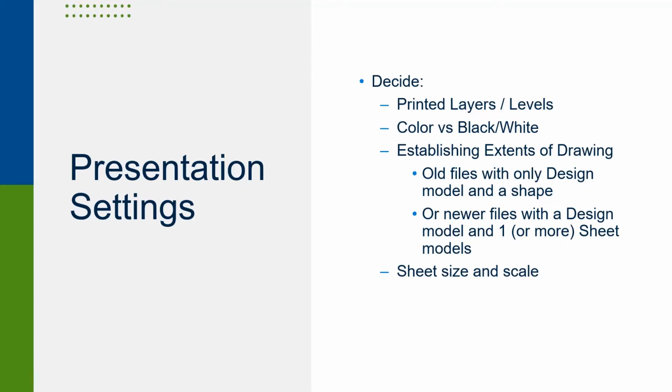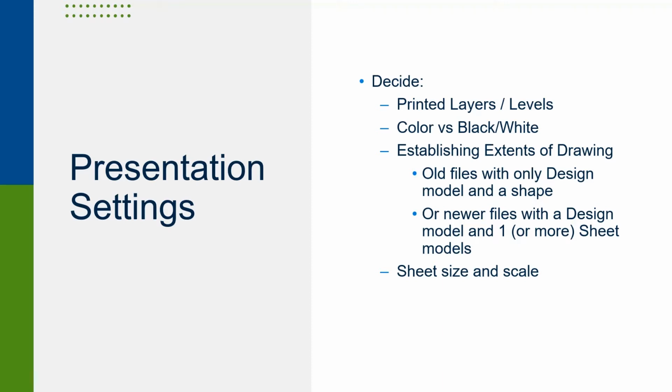So let's talk about the presentation setting. What does it decide and how does it work? First, you can decide what levels and layers you want printed at plot time. Once again, you can decide whether you're going to use grayscale, black and white, or a color plot. You'll establish the extents of the drawing.